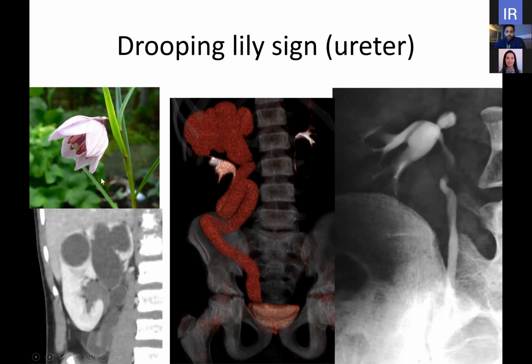obviously a picture of a lily, and then this is a study where we've done a micturating cystourethrogram, where the patient voids, and you see reflux of contrast all the way up into the collecting system. The drooping lily sign is largely because of the mass effect caused by the obstructed and dilated upper pole system.